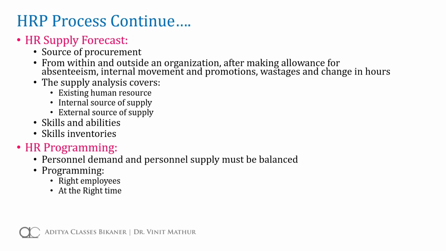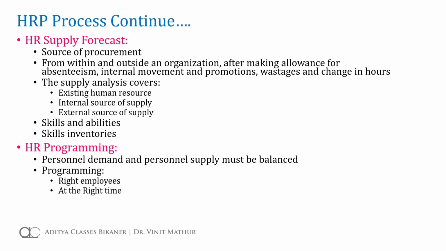Next point is HR supply forecast. As a human resource manager, we must know what are the different sources of procurement, recruitment. Likewise, in the previous video, I told you schools, colleges, academies, universities are the sources of HR supply.